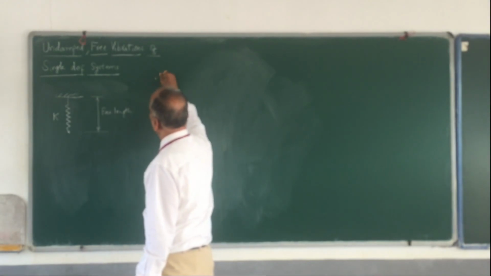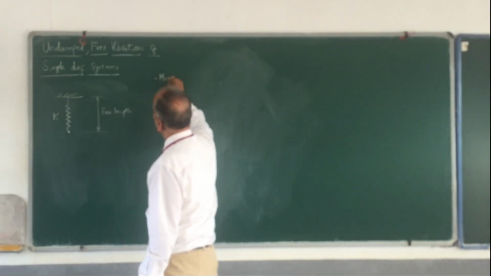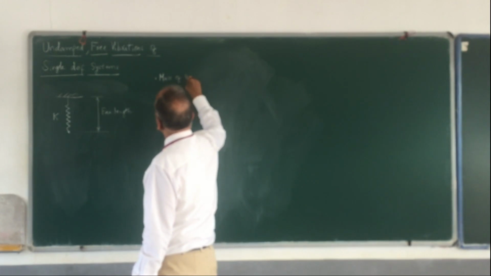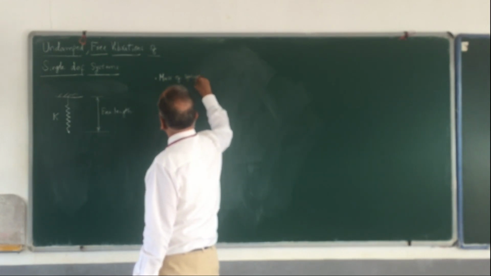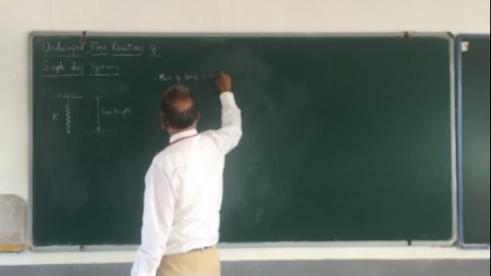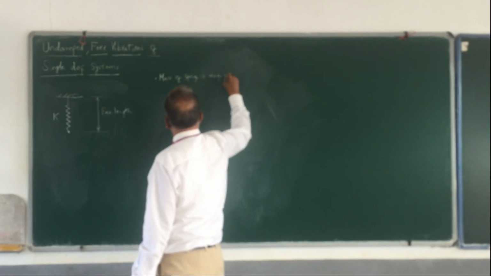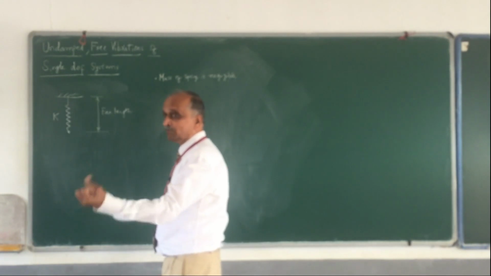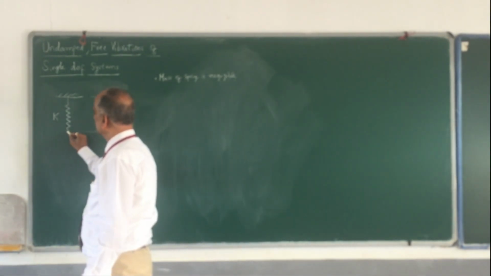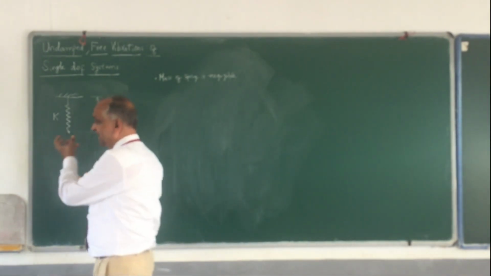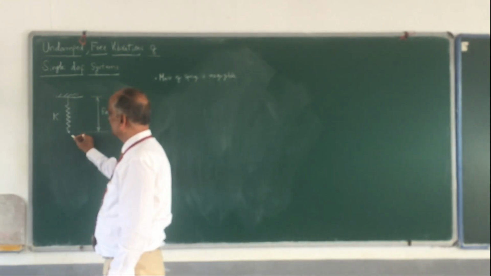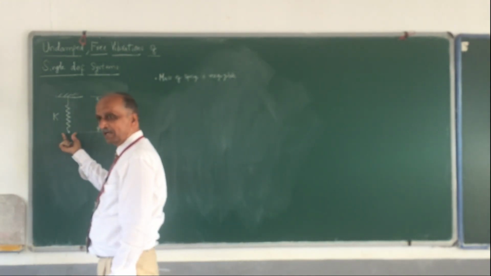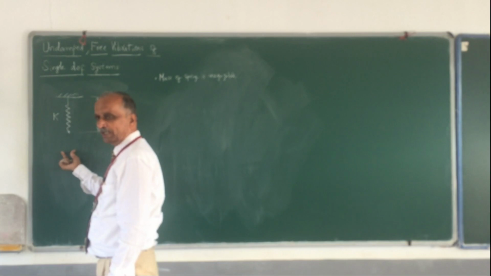I shall note it down. Mass of spring is negligible. Okay, now what do I do? I am going to attach a mass. I just wrote this down. I attach a mass. When I attach the mass, you know that the mass is going to come down. Why?